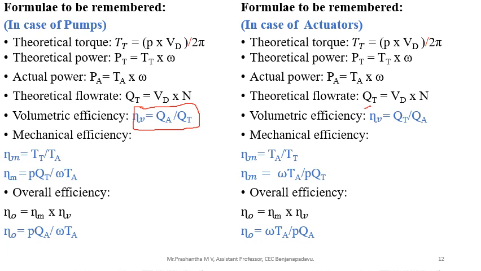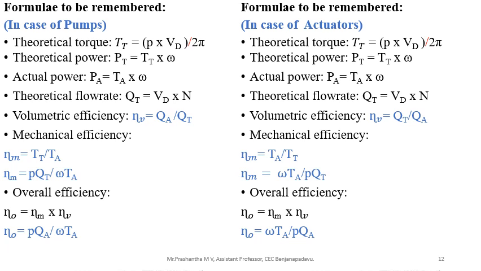Here volumetric efficiency equal to theoretical flow rate dividing by actual flow rate. Look at the comparison, numerator and denominator. Here in pumps, actual flow rate is numerator, theoretical flow rate is denominator. Here is the ulta (opposite) in case of actuators. You can see the difference in case of volumetric efficiency.